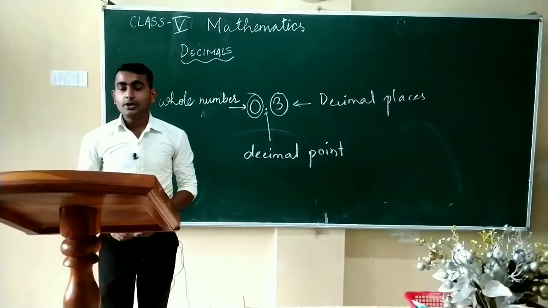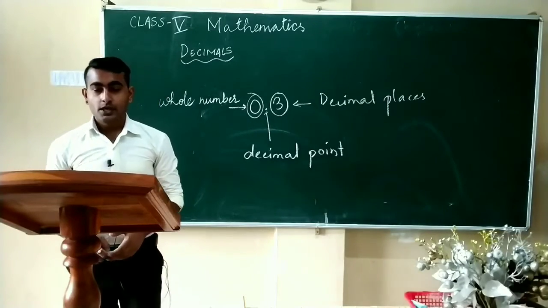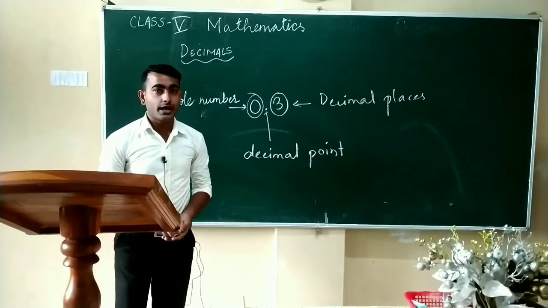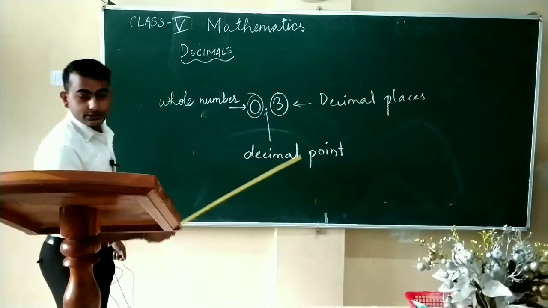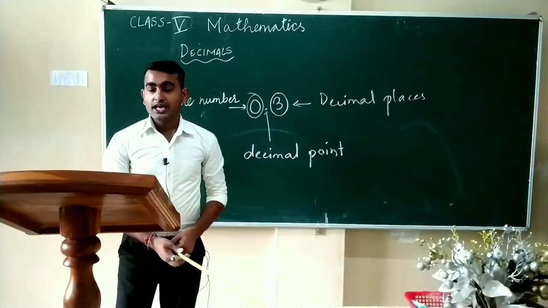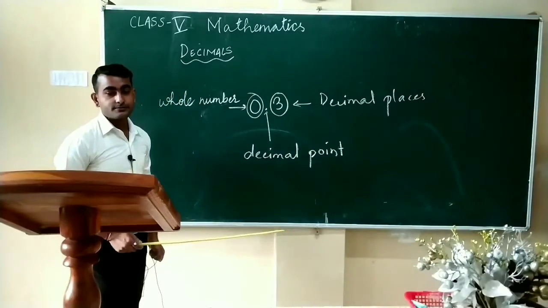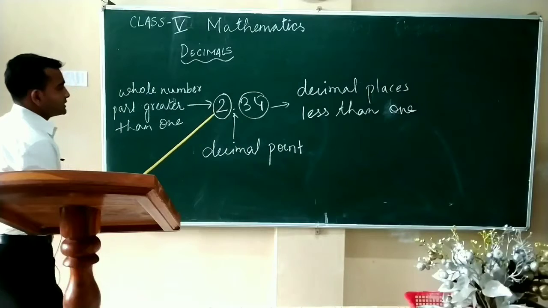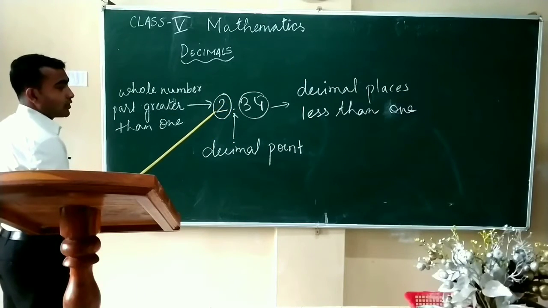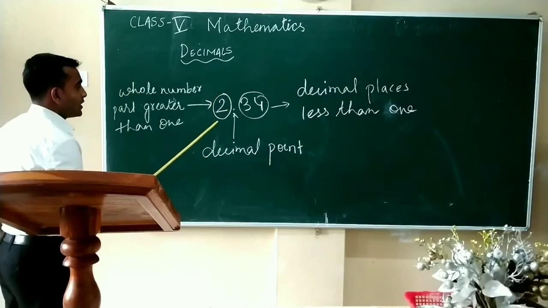So a decimal number has two parts: the whole number part and the decimal part, separated by a decimal point. As for example, here, this part before the decimal point is said to be what?